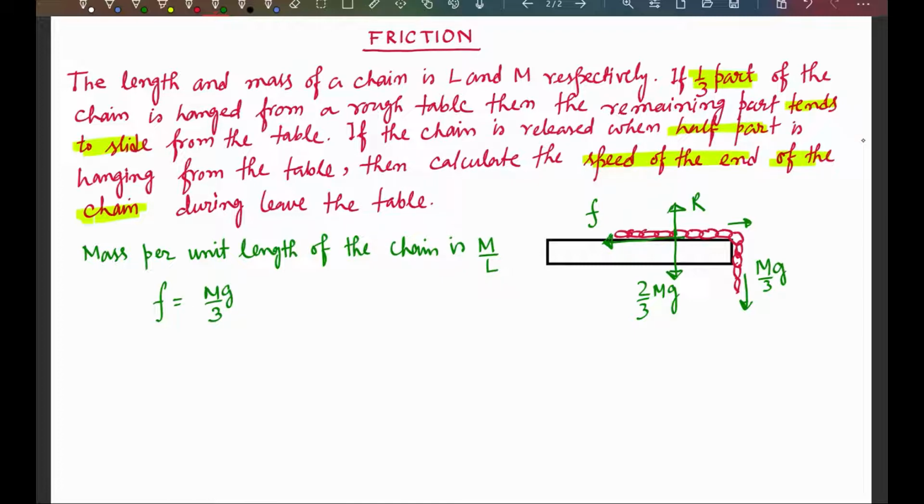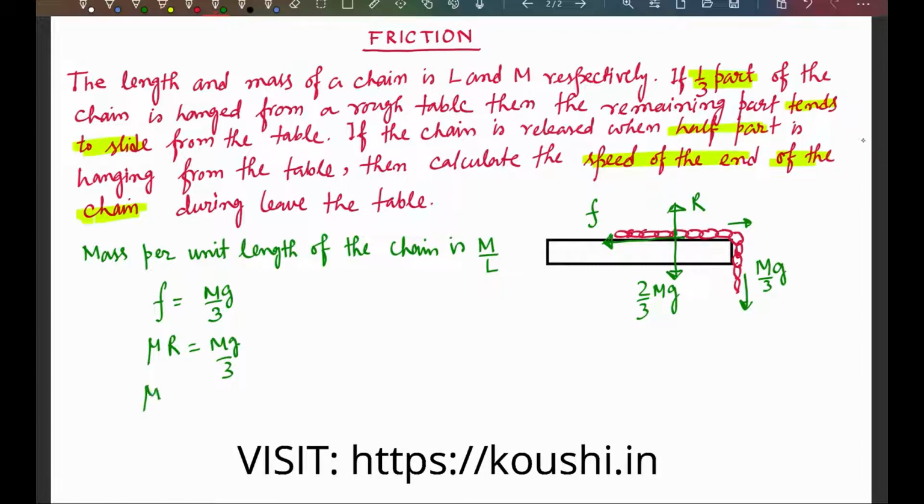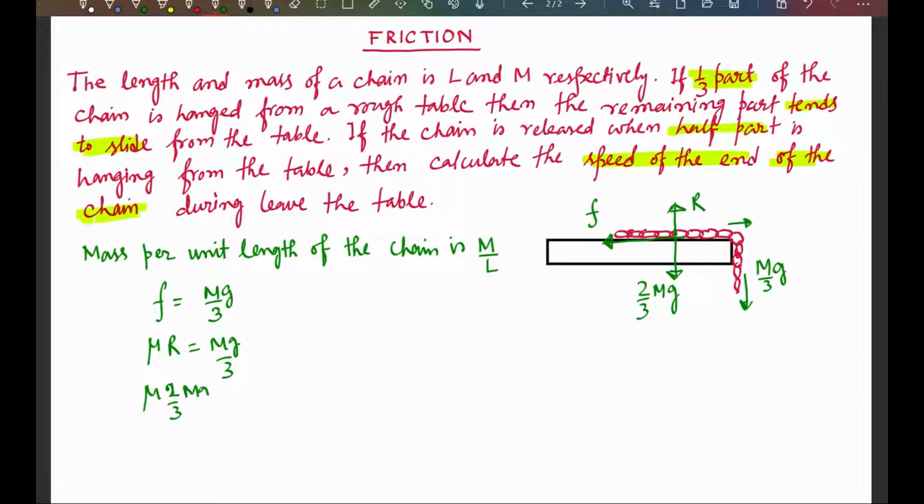Now friction is equal to mu into R, which is mg by 3. Mu is the coefficient of friction, so mu into 2 by 3 mg is equal to mg by 3. Therefore, the value of mu is half. So from this part, we calculate the value of the coefficient of friction.